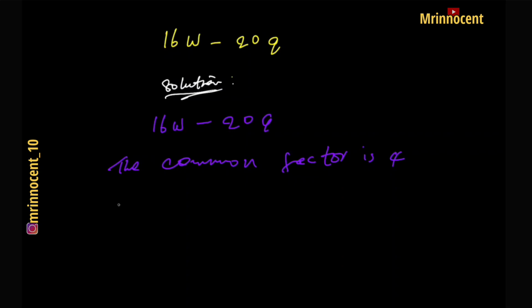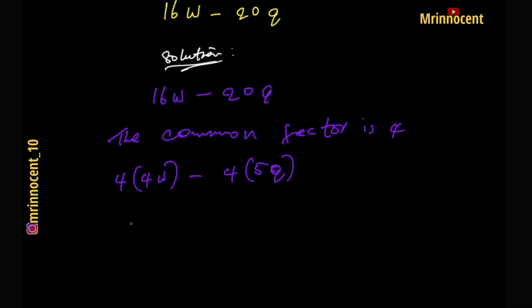So you have 4 into 4w minus 4 into 5q. So you have 4 into 4w minus 5q.